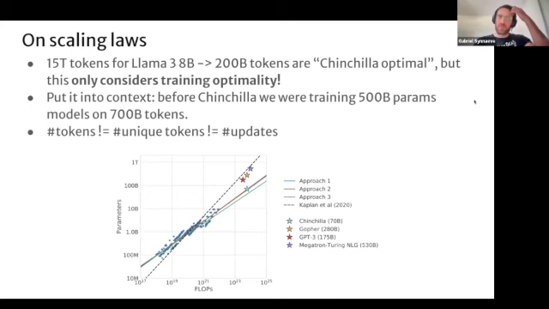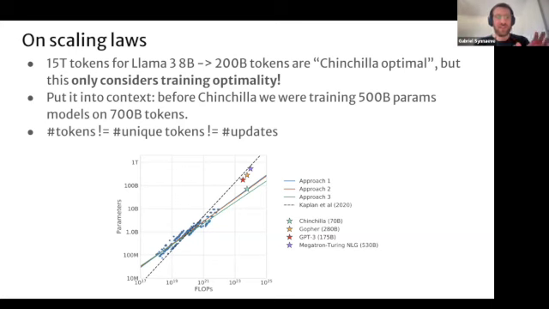Okay, I just wanted to say one bit about scaling laws, because they are actually going to come back and bite us in the work on multi-token prediction. So for scaling laws, there was this seminal paper called Chinchilla, which people now look back at and say, well, Chinchilla was wrong because it only cared about training optimality.